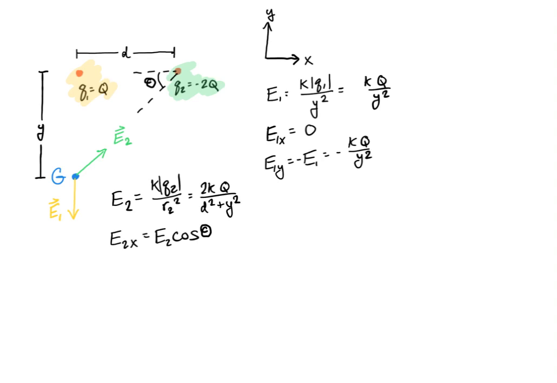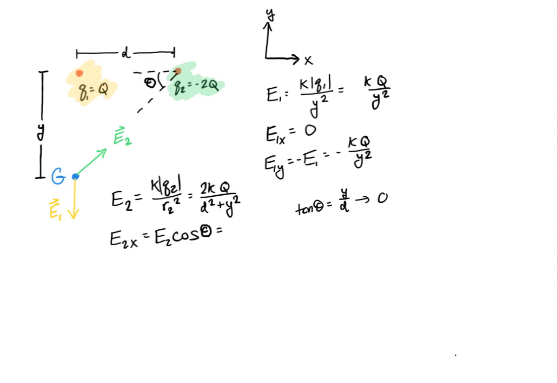Now, cosine of theta, we'd have to actually figure out what this angle is. Well, we can do that because the tangent of theta is equal to the opposite side length over the adjacent side length.